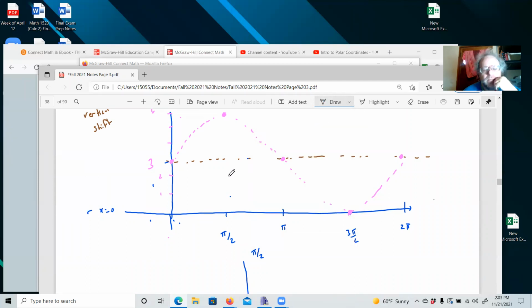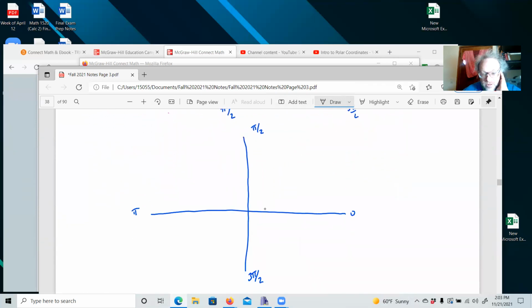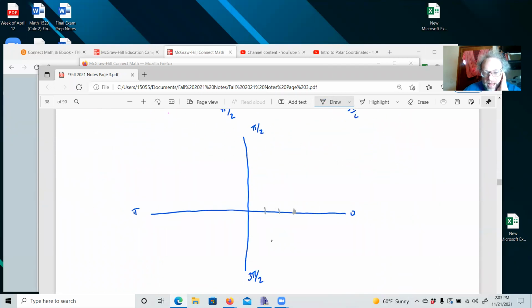When theta is equal to 0, this polar coordinate r is equal to 1, 2, 3. Here's my point. r is equal to 3. When we go up to pi over 2, we're going to be looking at 1, 2, 3, 4, 5, 6. So at pi over 2, we're going to be up here.